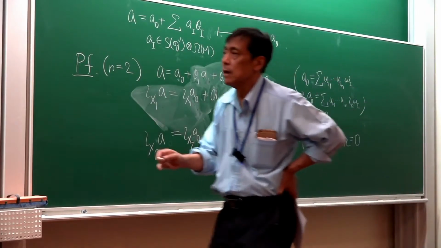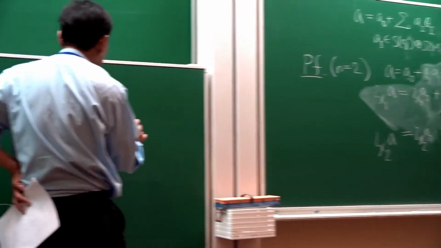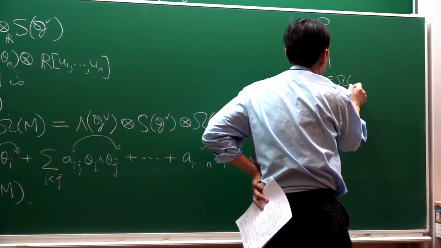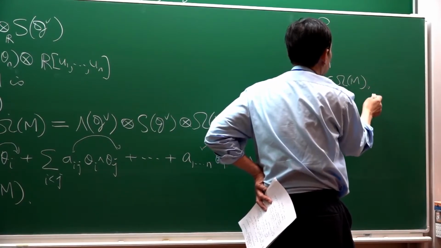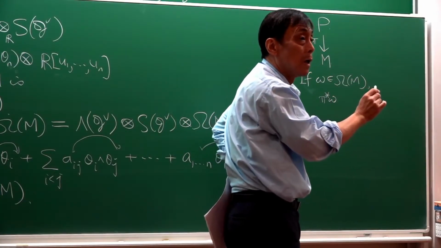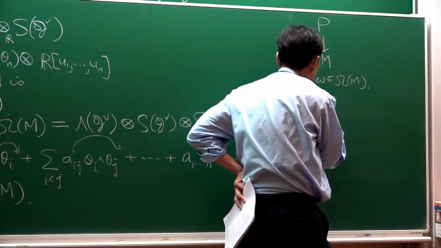So, if you have a principal bundle, and you have a form on the base, and you pull it up there, and then you apply Ix to it.